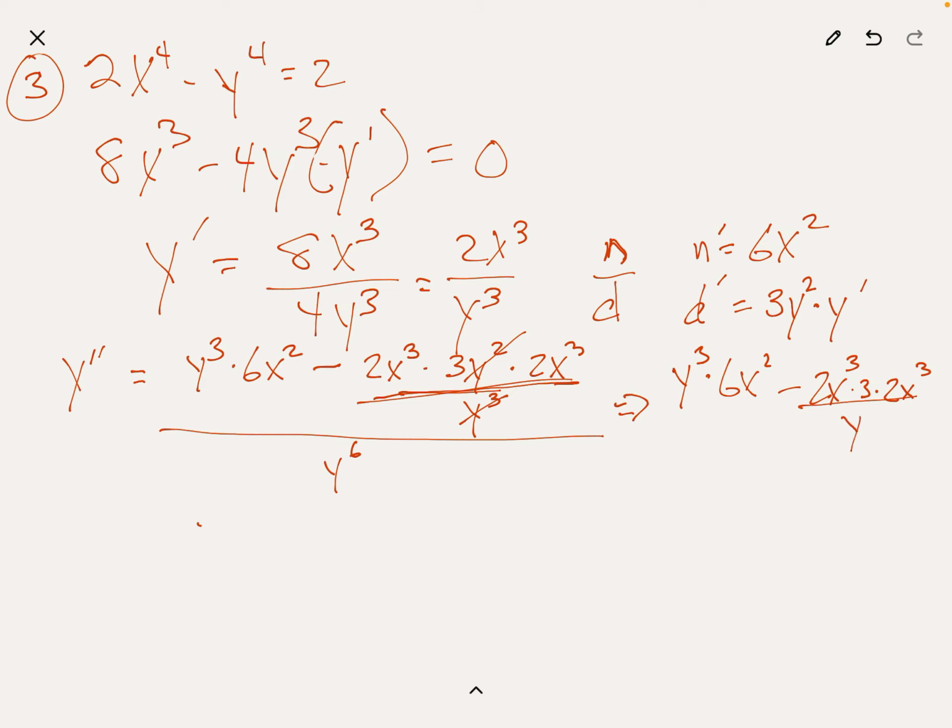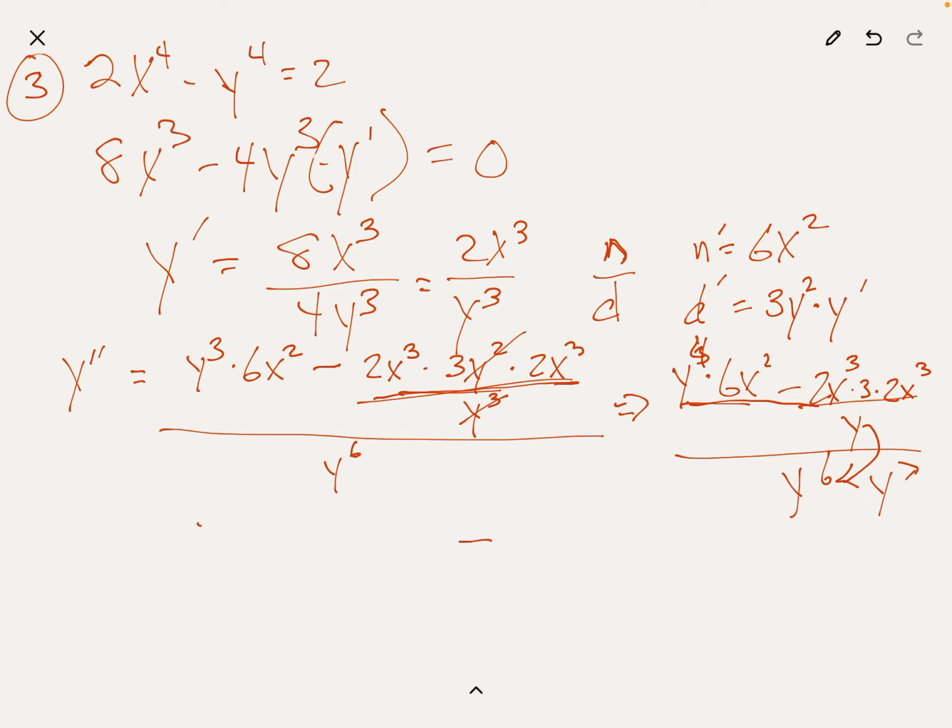And then one thing we can do is multiply this term by y, and we make this y to the 4th. Then we can put it all over y, and that's all over y to the 6th. So we can simplify this fraction, essentially bring this y down here, so this becomes y to the 7th.